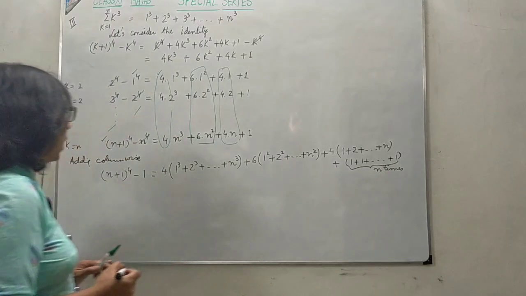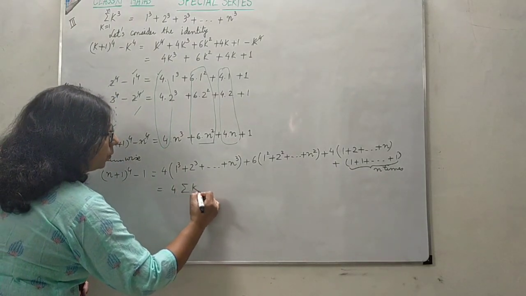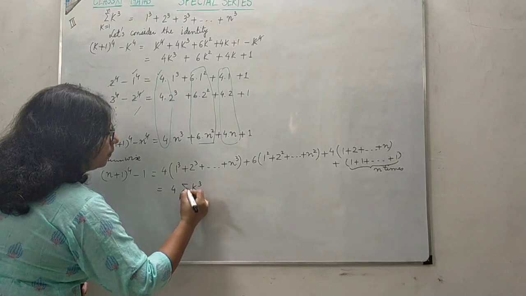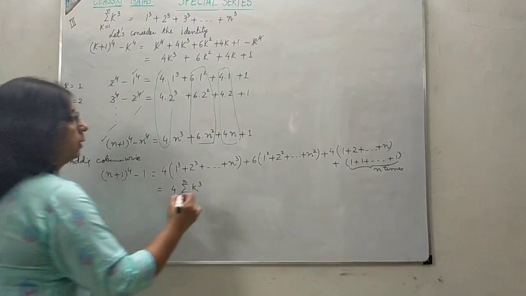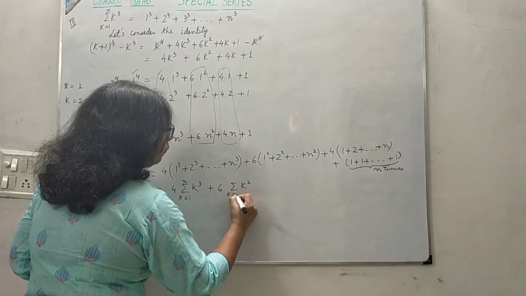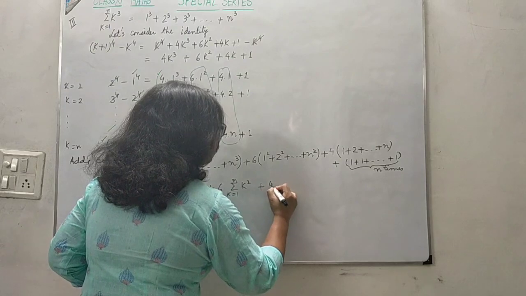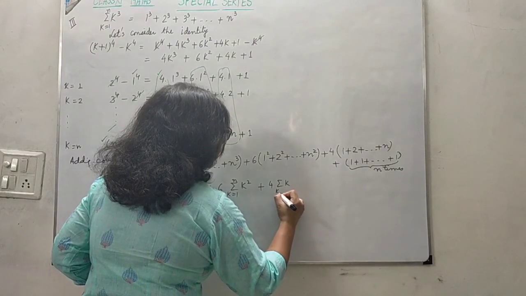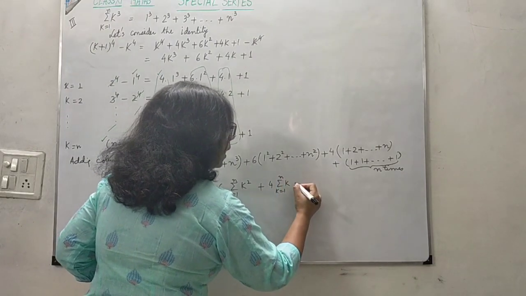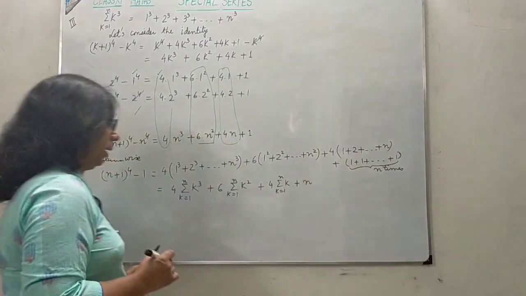So now I can simplify this as 4 times sigma k cube. With the help of sigma I can write this. Then this is 6 times sigma k square, k running from 1 to n. I have already got a formula for this. And then this is 4 times sigma k, k again running from 1 to n. And this is sigma k, again with a formula, and this is your n.